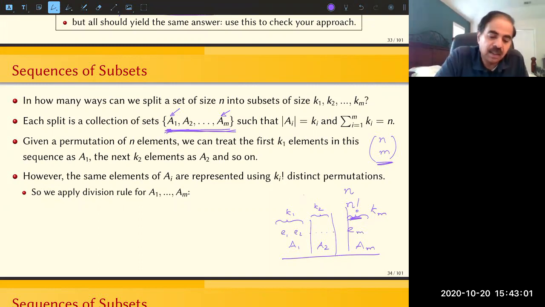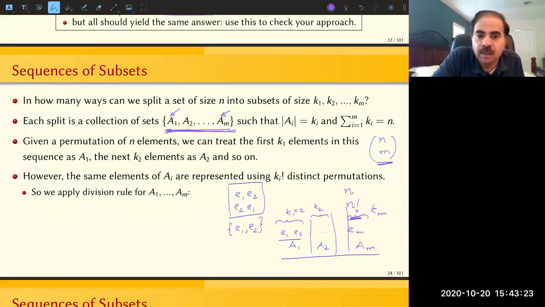But then, let's say, for example, k1 happens to be 2, right? So E1 and E2 will not be different from E2 and E1, because both of them represent the set, right?